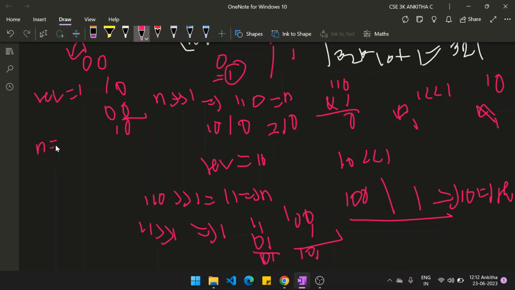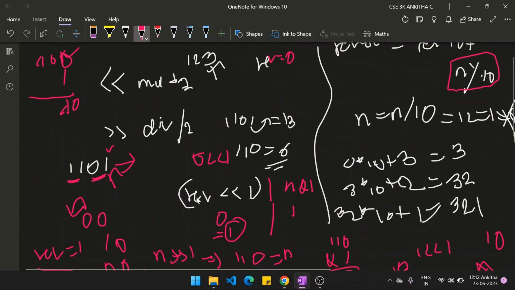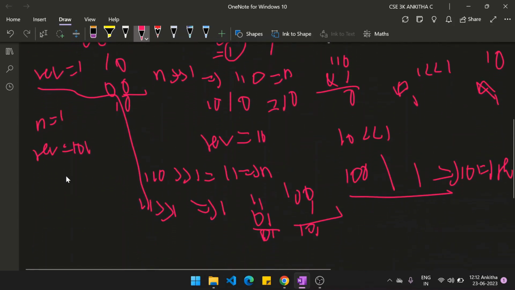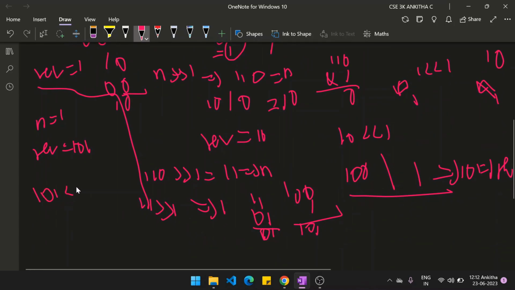So n equal to 1 now, reverse equal to 1 0 1. Now again we do reverse left shift. So 1 0 1, if you do left shift of that, then we get 1 0 1 0. You do OR with n and 1.